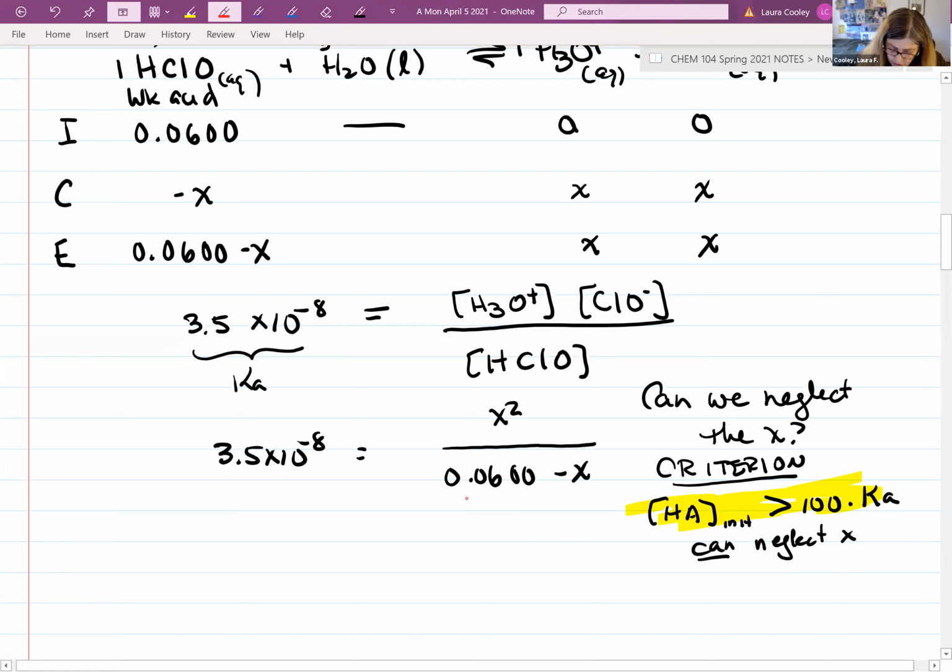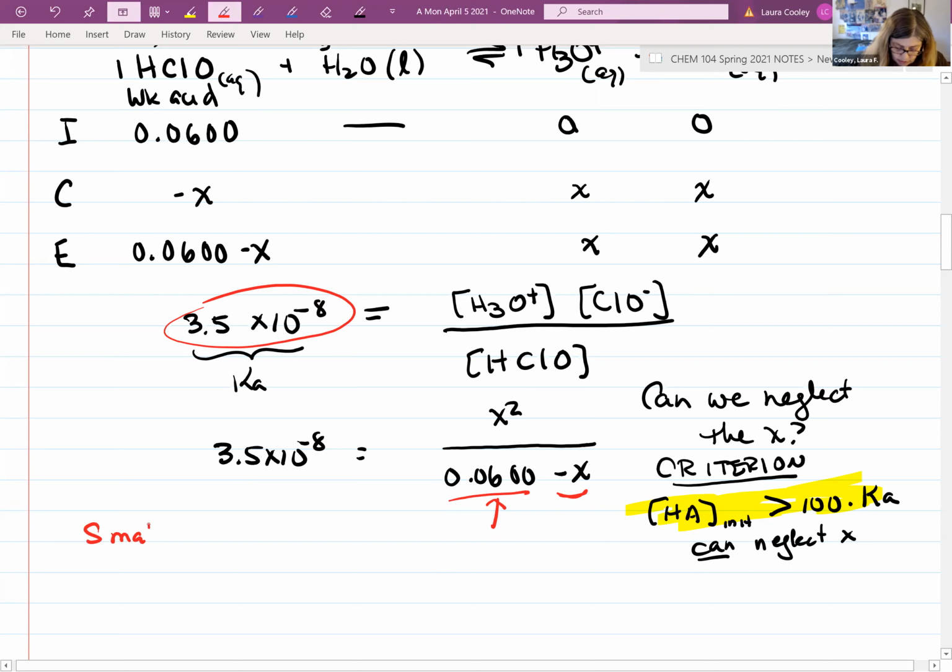Well, look what you have here. You have 0.0600 minus X. The greater this number is, the more it's possible to neglect X, because you're subtracting it from a big number. Also, the smaller the Ka is, the less this reaction will go to the right.